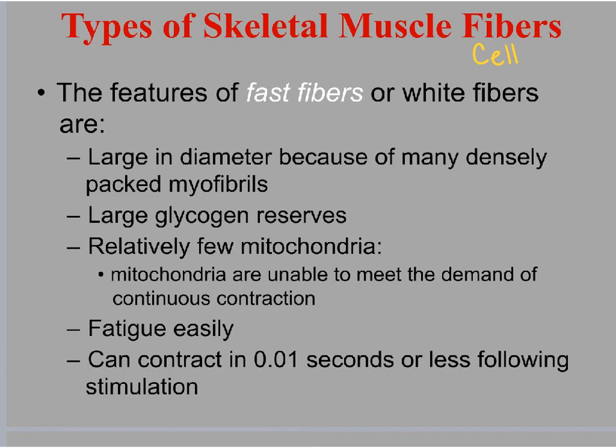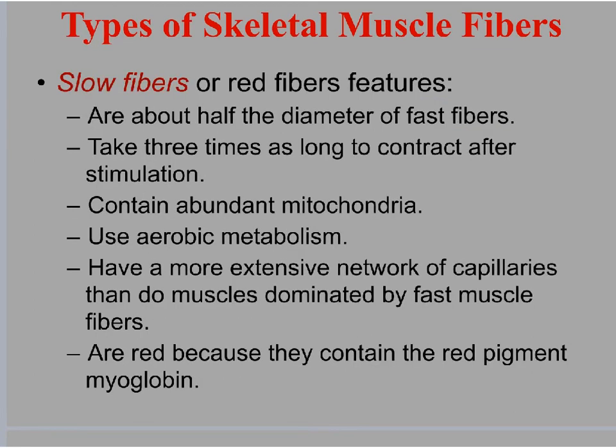For these next couple of slides, I'd like you to read about fast fibers. They're also called white fibers. And I'd like you to understand how they're structurally and functionally different from the slow fibers, also called red fibers.